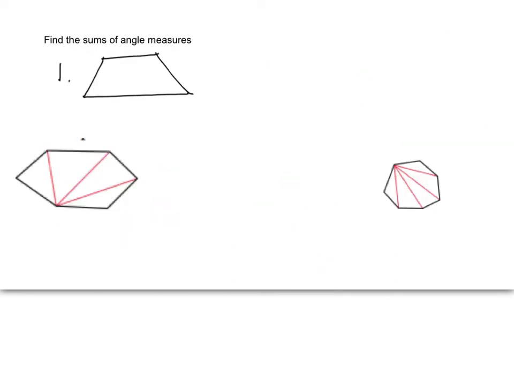Alright, what we're going to do here is try to find the sums of the angle measures. And what you always want to do is cut your polygon to make triangles. So if I start at this corner right here, it's already connected to this point and this point, so the only other point we can make a line to is this one.